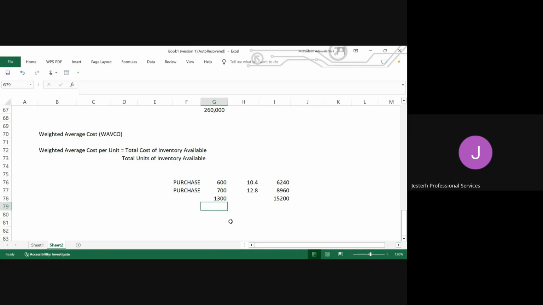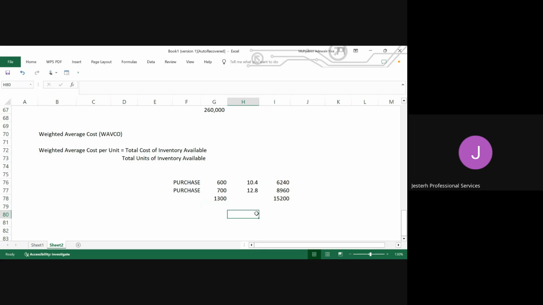Now, in this scenario, for us to come up with the total closing balance, look at the formula: the total cost of the inventory available.